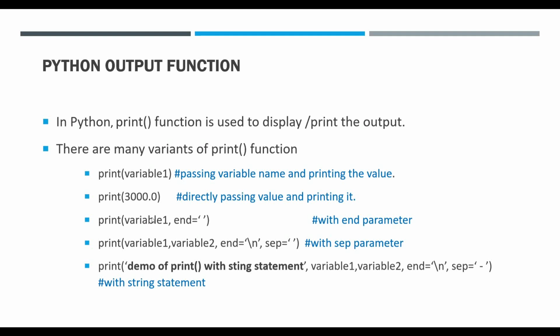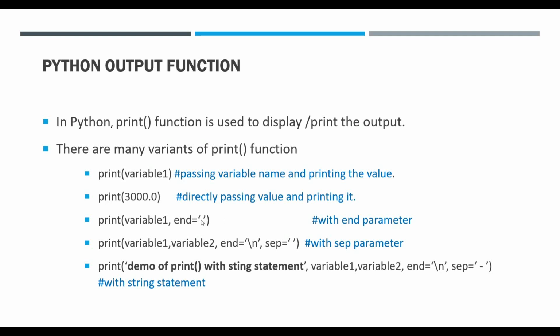As a next variation, we have variable comma end parameter. With the end parameter, we can specify where the next print statement should be printed on the console. If the end parameter is not used, by default the next print statement will be printed in the next line of the console.